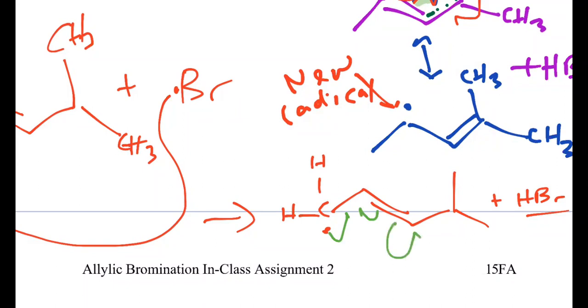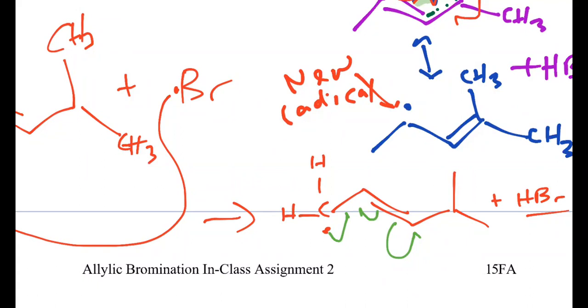Do you see how it's three arrows, just like it was when you pluck that hydrogen off? It's a pattern, and it doesn't change. If you've got an allylic radical, it's going to do the exact same thing every single time.